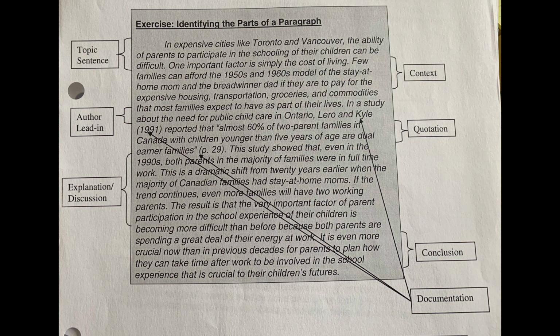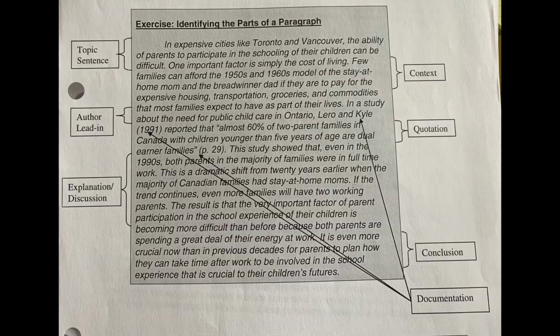If the trend continues, even more families will have 2 working parents. The result is that the very important factor of parent participation in the school experience of their children is becoming more difficult than before because both parents are spending a great deal of their energy at work.